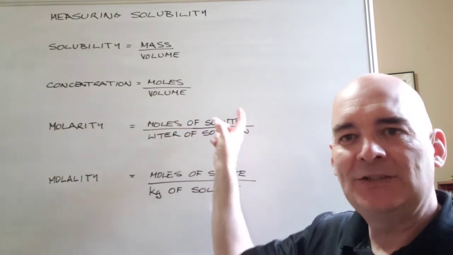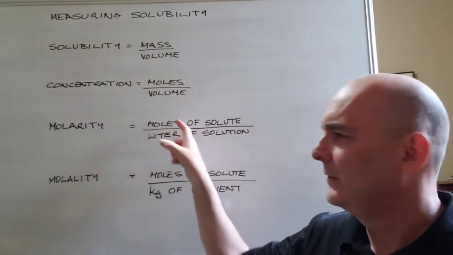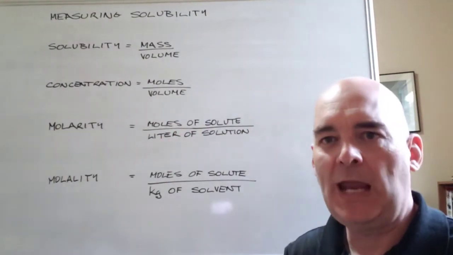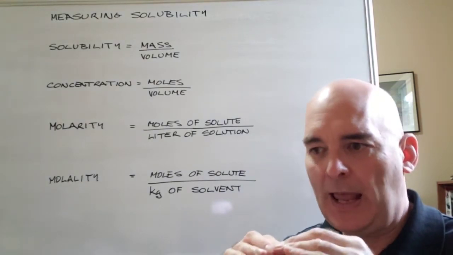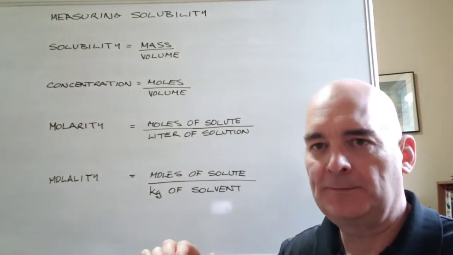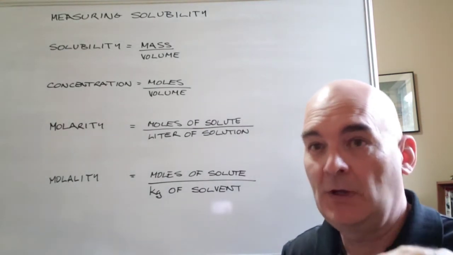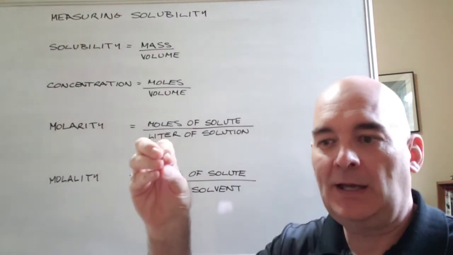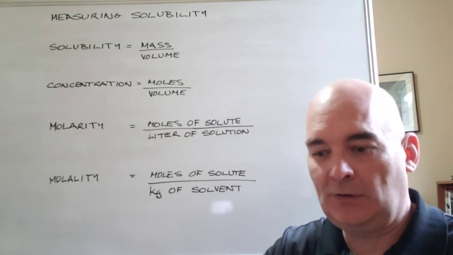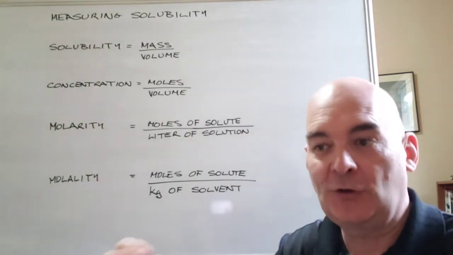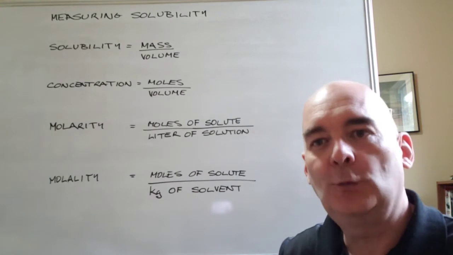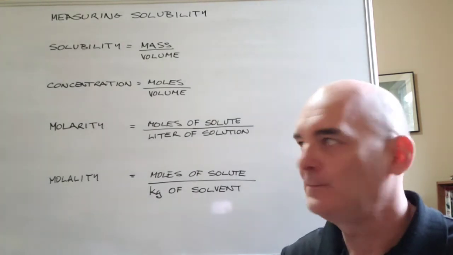What this takes into account is that if I had a container that held exactly 1 liter and I filled it completely with the solvent, when I added my solute to dissolve, it would, because the solute has its own volume, displace some of the liquid.